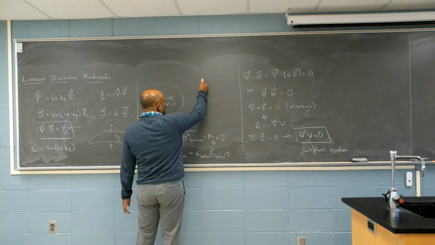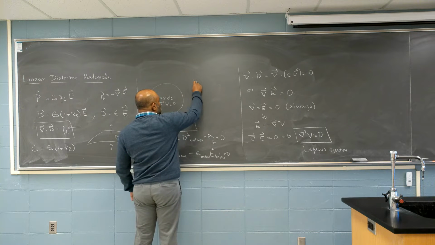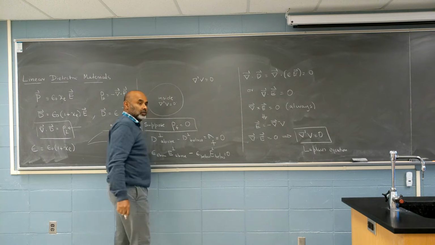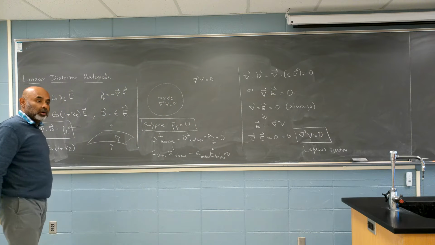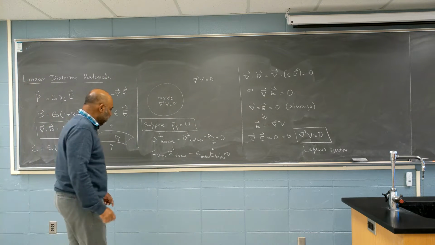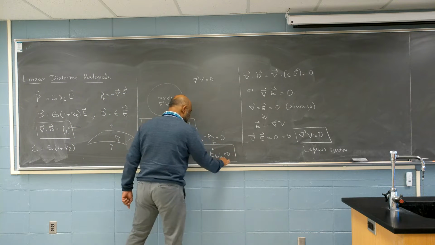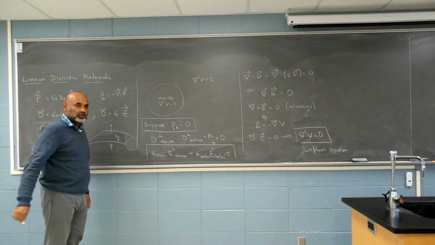Outside, there are no charges. In this whole problem, there are no charges. So this is also del squared V equals 0. So all the spherical harmonics can be done. But things might get a little easier if we can write this in terms of the potential.